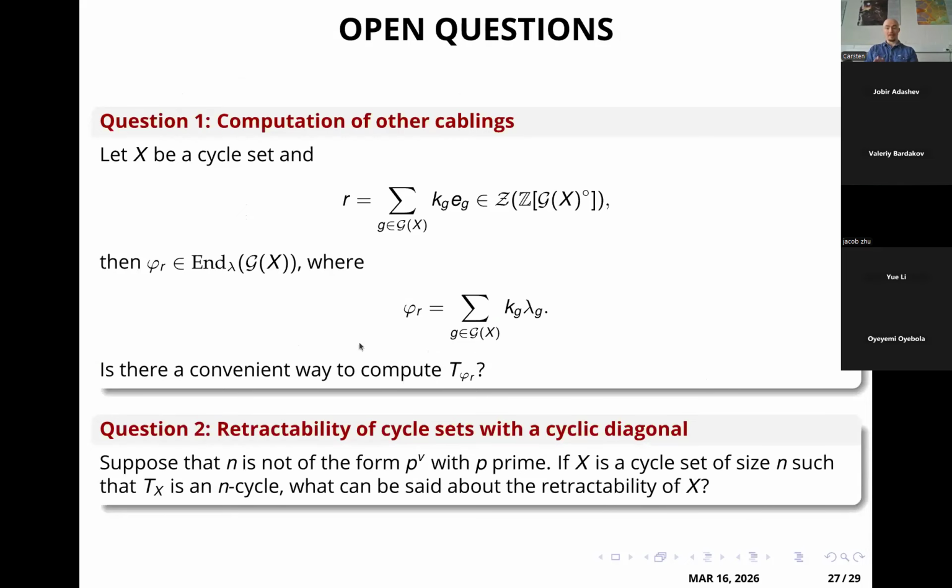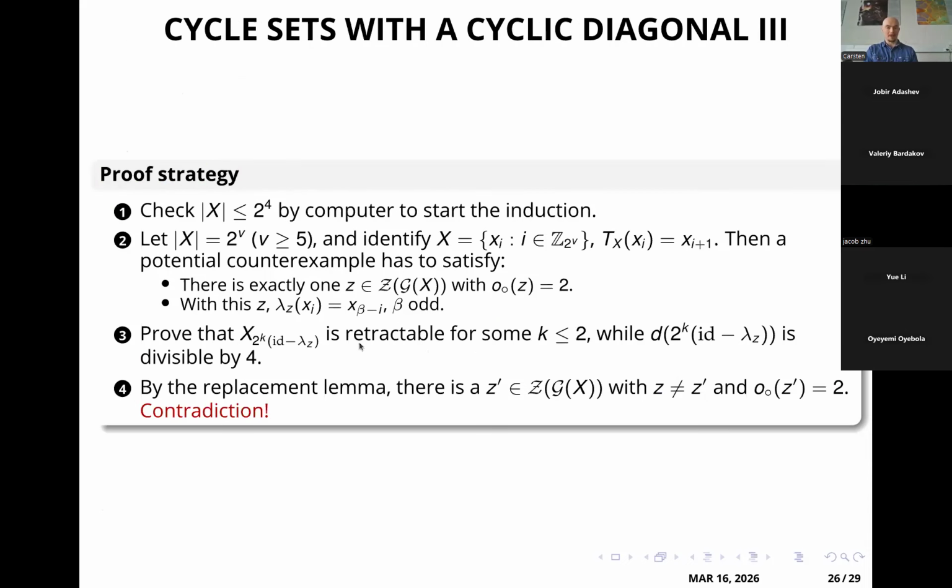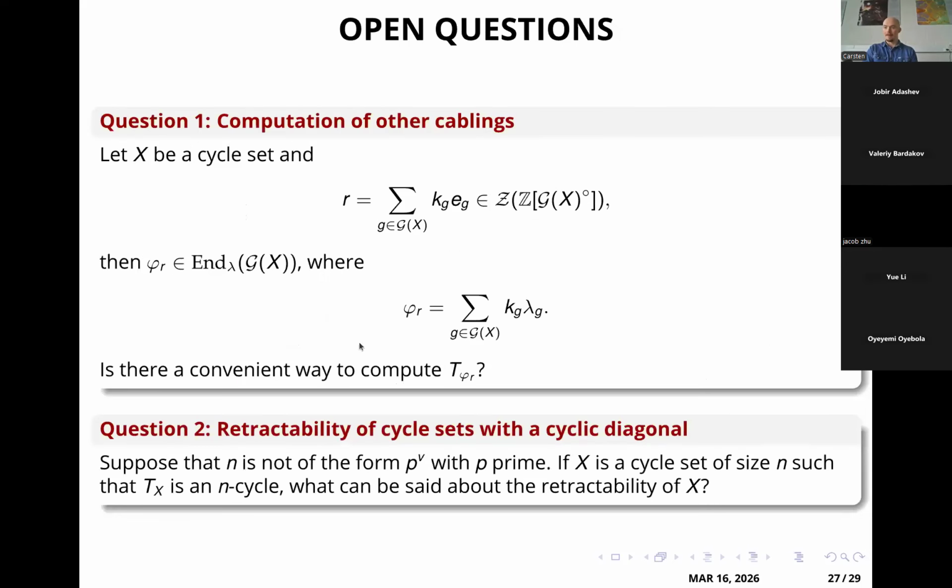Of course, if n is even, we can simply take something containing, for example, our potential counterexample as a factor, and take the Cartesian product with such a cycle set of odd size, and we get something that might be retractable, but, for example, is not of finite multi-permutation level.